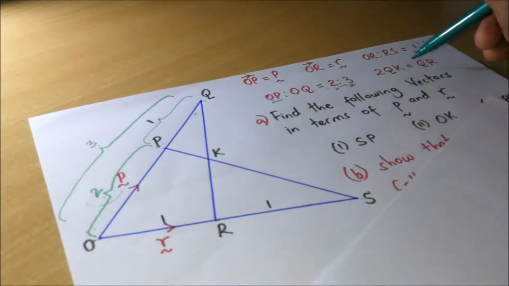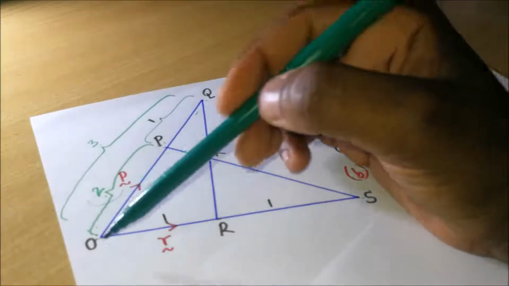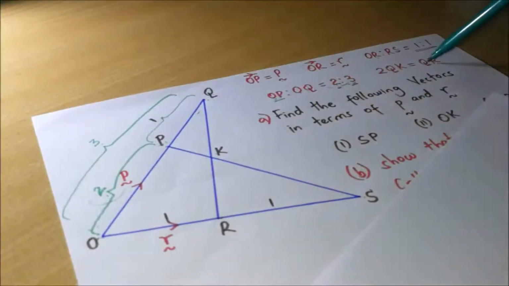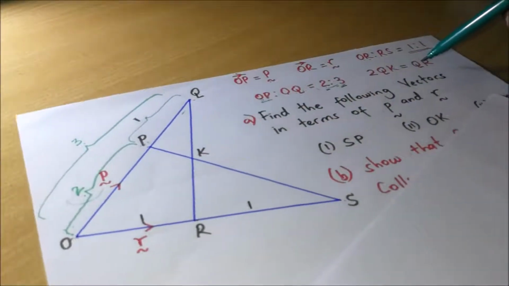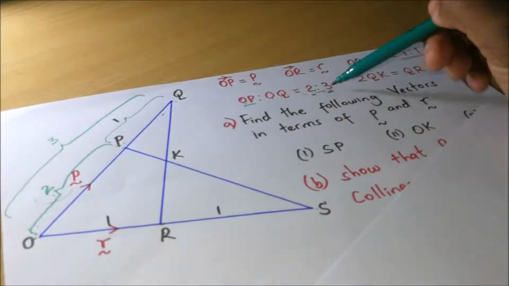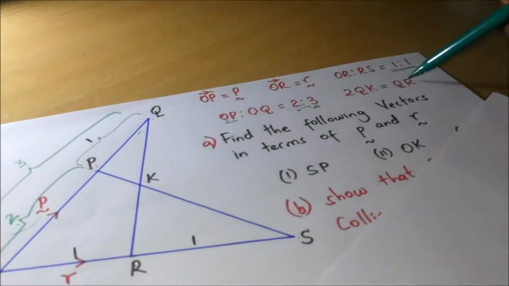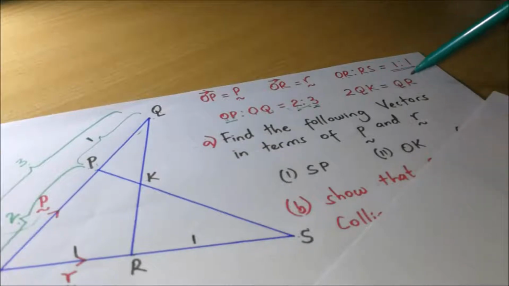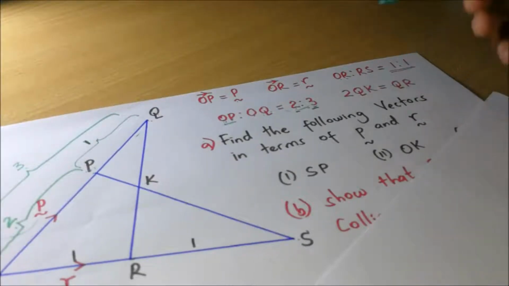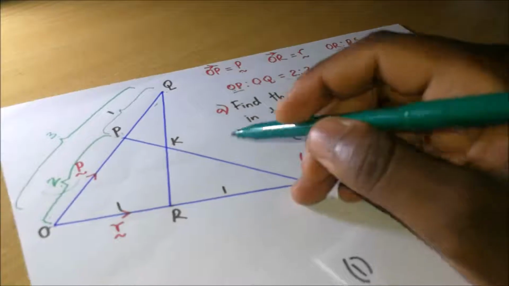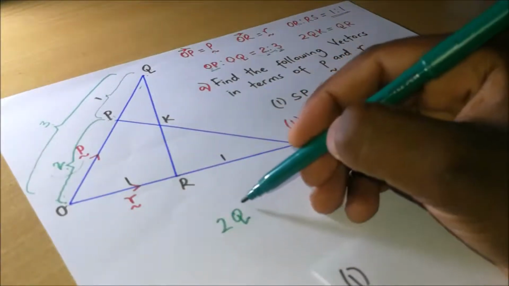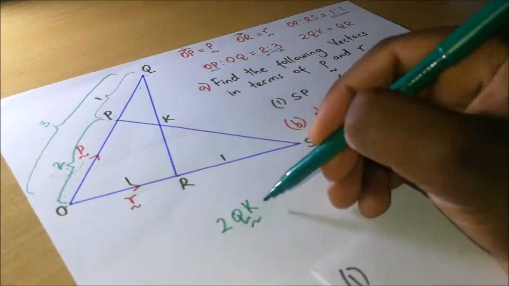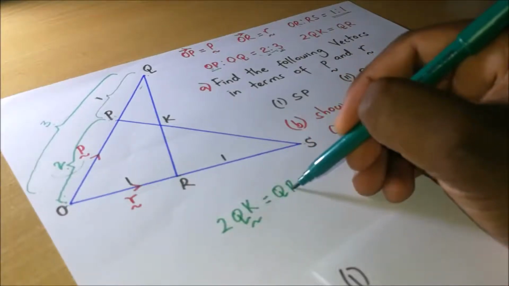Then we have 2QK is equal to QR. So we have QK right here, then QR. However, this one is not in ratio form. It's not been presented like the other ones. So what we do here: 2QK is equal to QR.